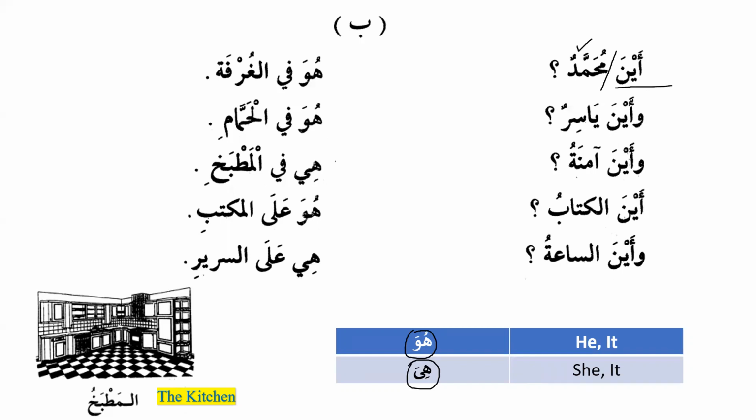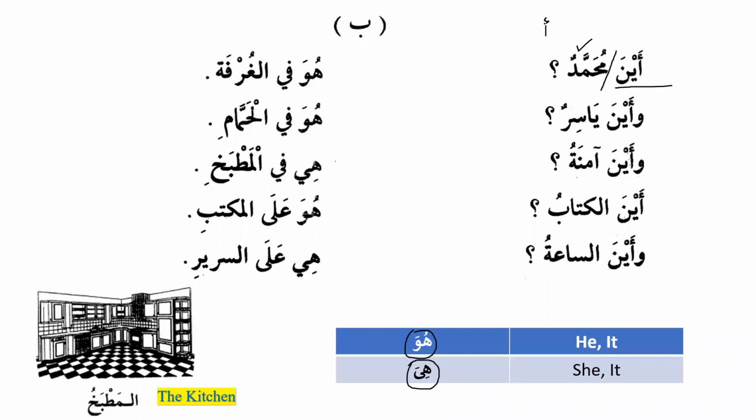Please note it down. All asma'ul istifham, all the words that we use to ask questions, are indefinite. Let me repeat again. All the words that we use to ask questions are indefinite. They are nakira. Number one, we learned about Hamzatul Istifham.